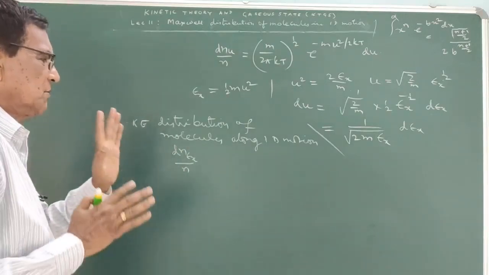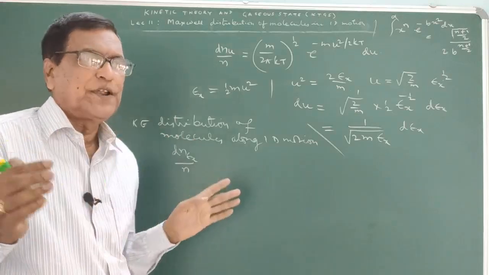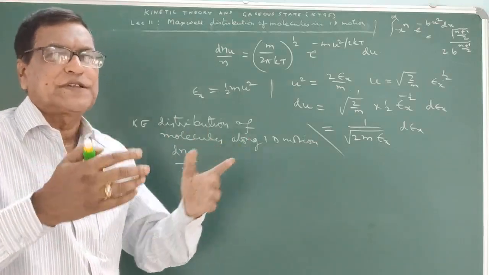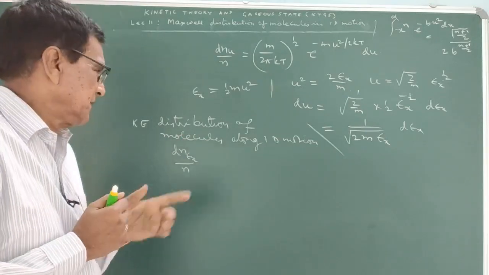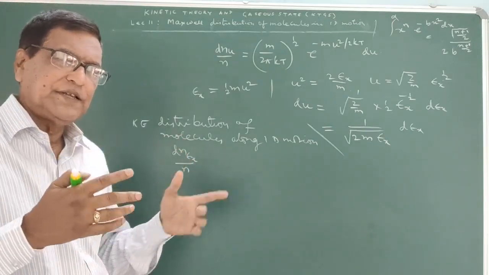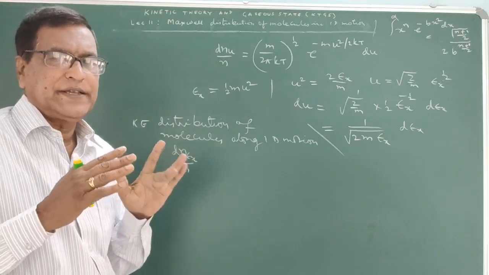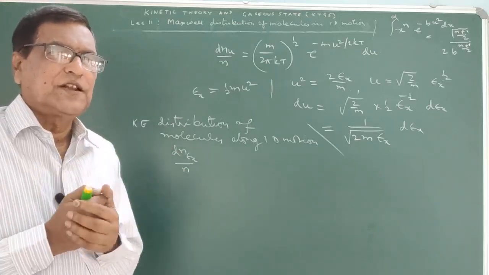It is the fraction of the molecules having the x component kinetic energy epsilon x to epsilon x plus d epsilon x.